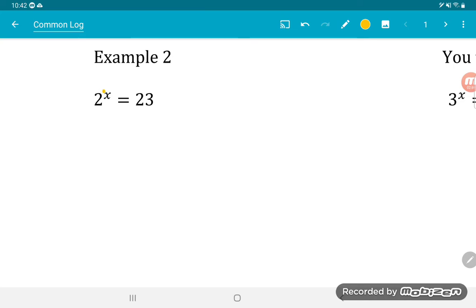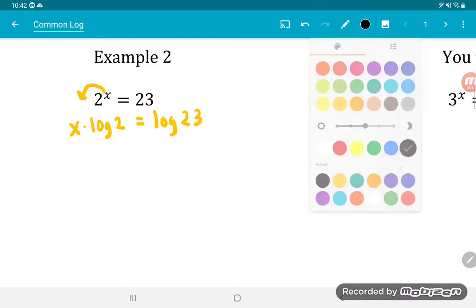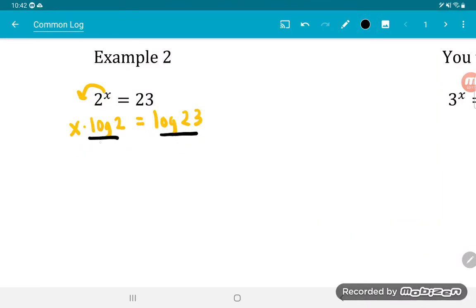Because of this, we have to convert to log form, and we're going to change the base. So we're going to convert this to x times log of 2 and set it equal to log 23. We're going to solve the equation for x, and to undo multiplication, we will have to divide.